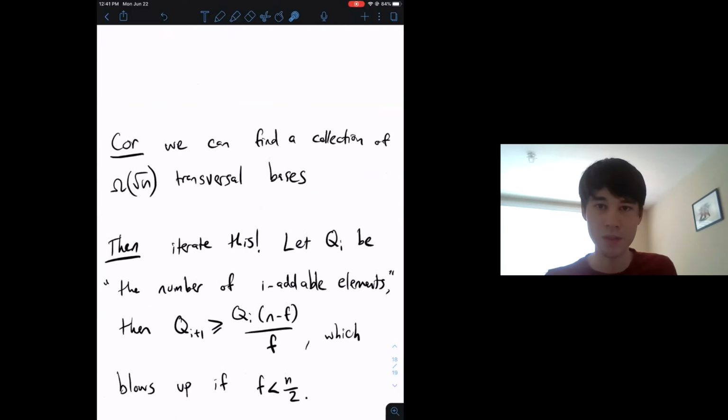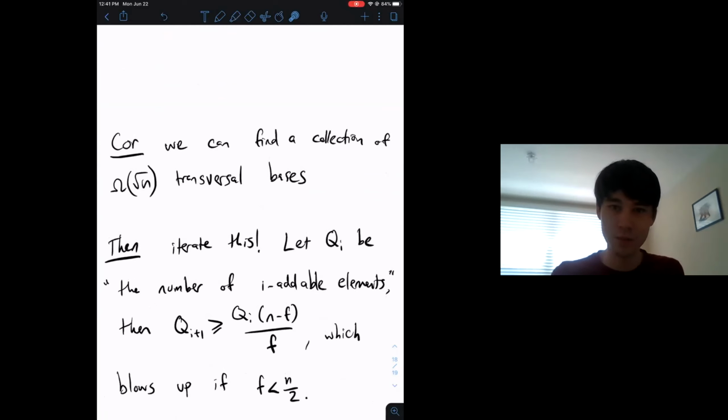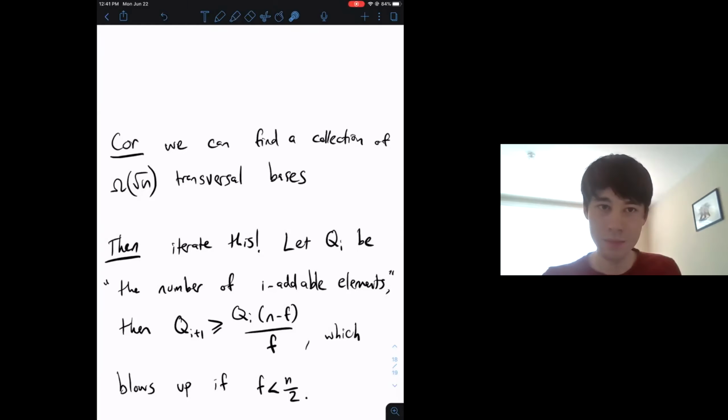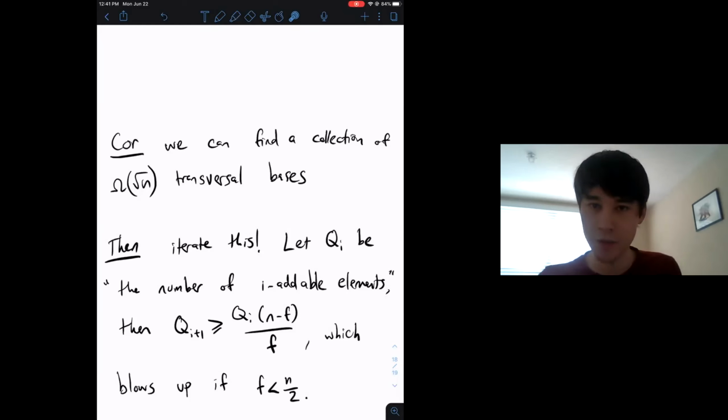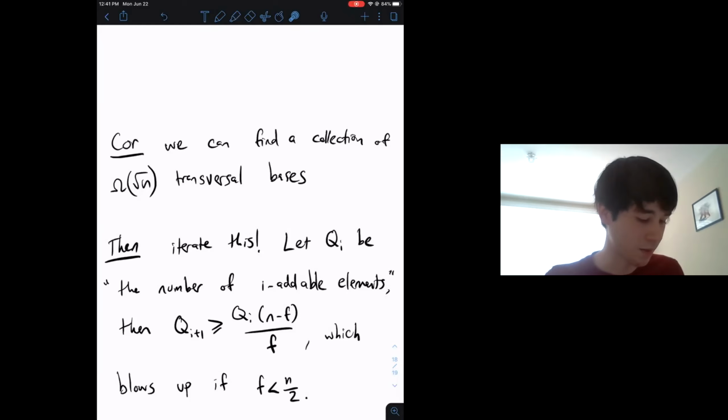I can do I swaps, move I elements from one rainbow independent set to another. So I get this chain of I swaps, and then at the end I get to add something. And in exactly the same way that I proved this lower bound of the number of two addable elements, I can prove a recursive lower bound of the number of I addable elements.